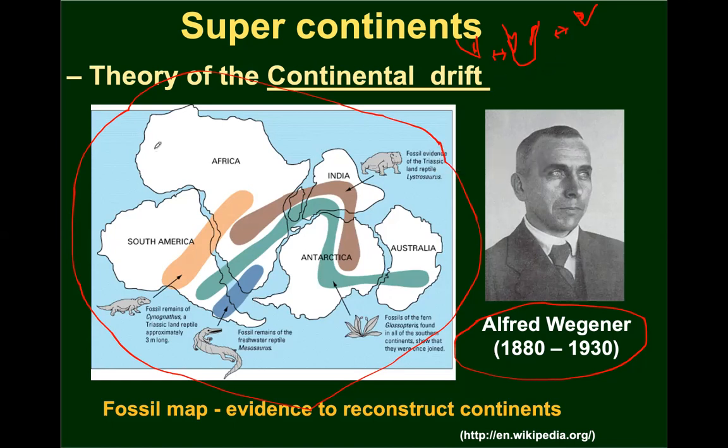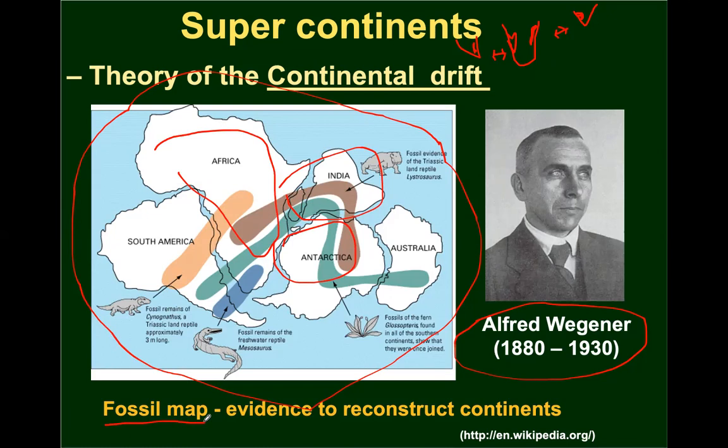That means you see one continent fitting with another one, right? So you can fit another one into the area in between, likewise like you are fitting pieces of a puzzle, right? So this concept was introduced at that time by introducing a fossil map, because he researched fossils.